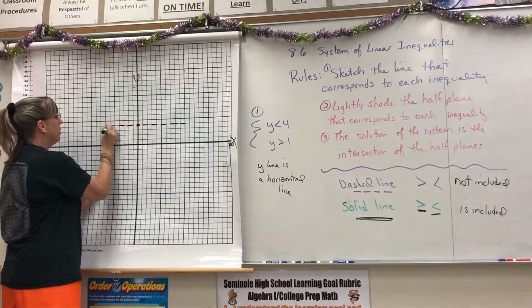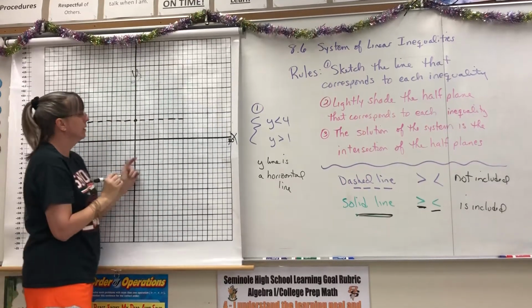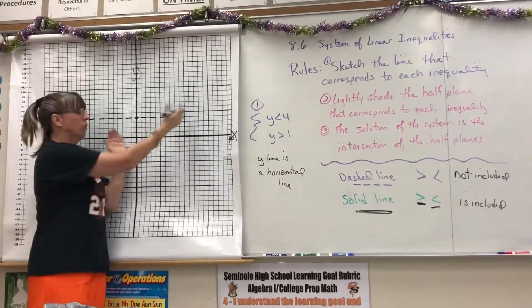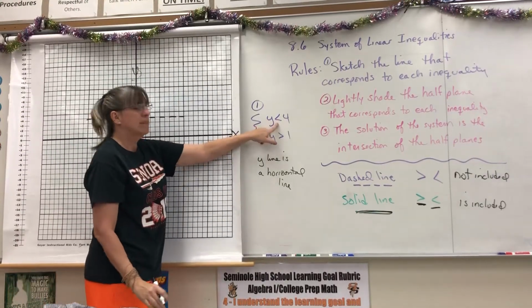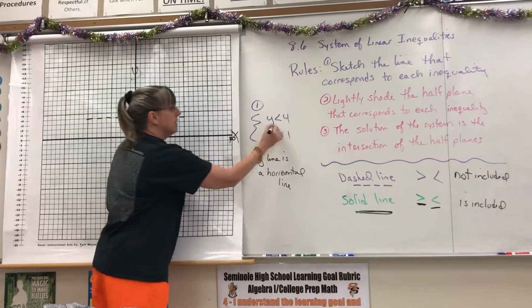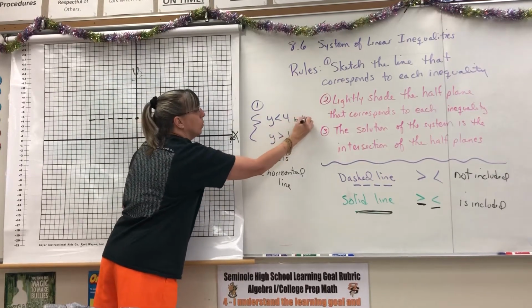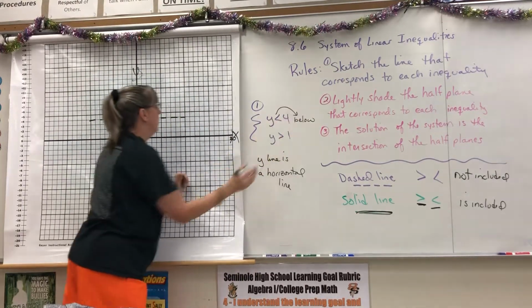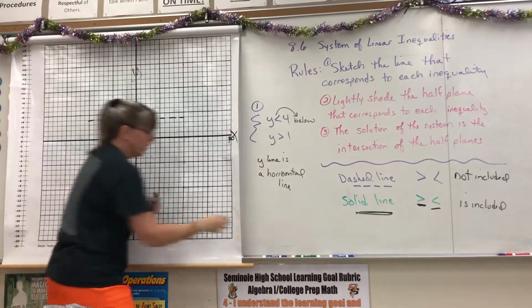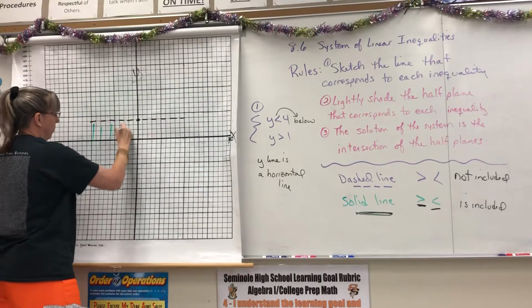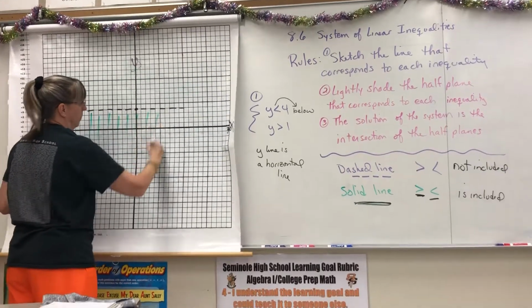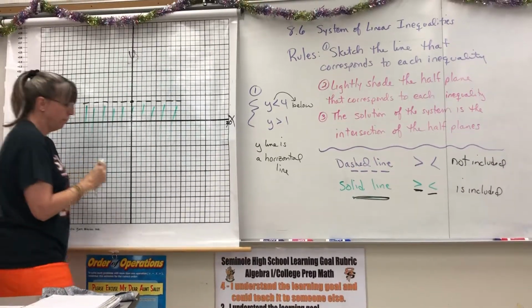Go all the way across, especially since you are shading, you go from one side of the graph paper to the other. Y is less than. Less than is below. Less than, below. So I'm going to shade below. Hope you can see that.